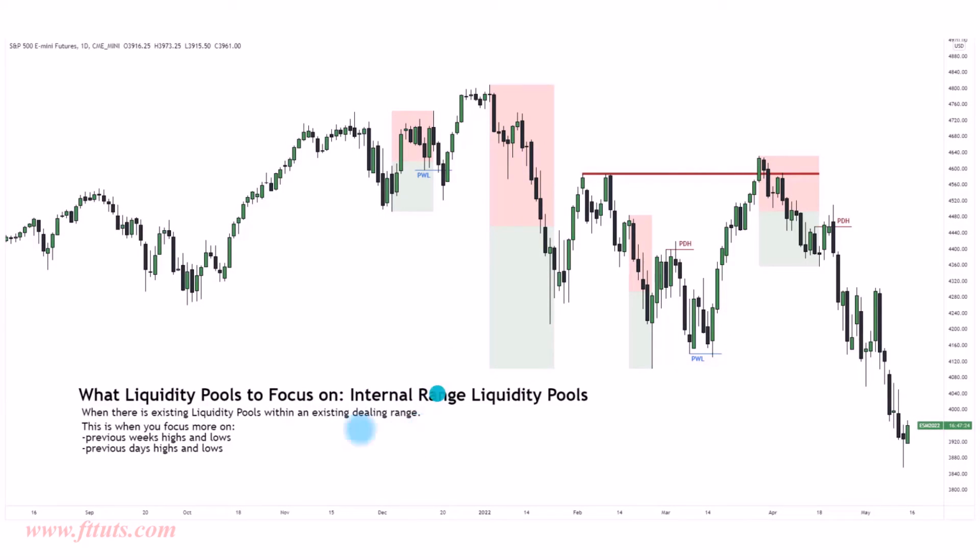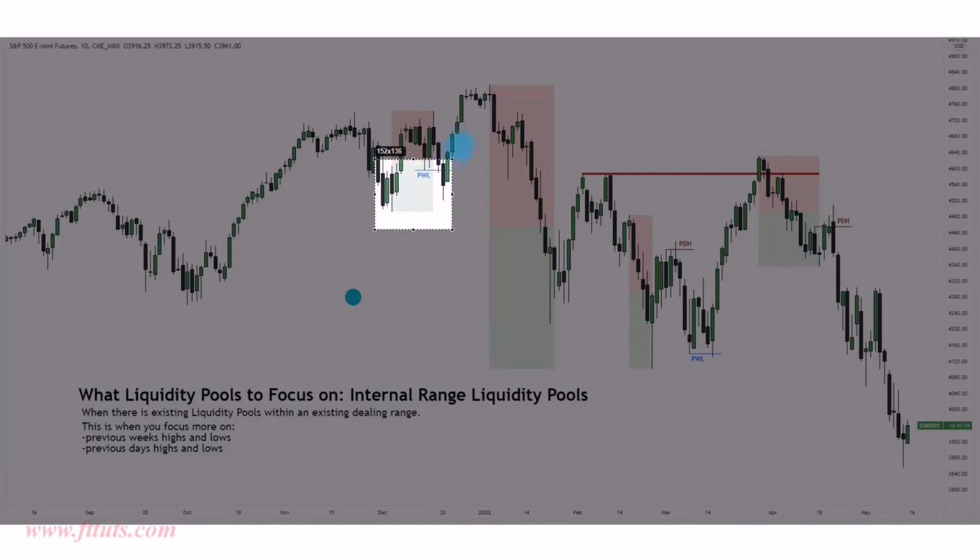Okay, so what I mean by this is we have a trading range here. We can use liquidity pools inside of the trading range. So if this is low and high, if we have a swing low inside of that trading range, that would act as a liquidity pool. So price would seek that to trade higher.